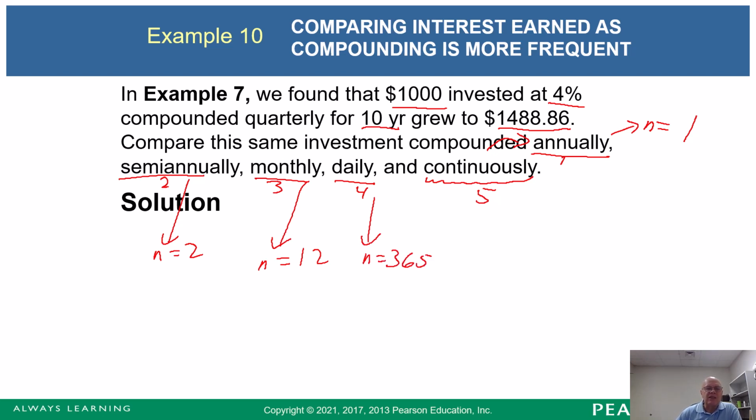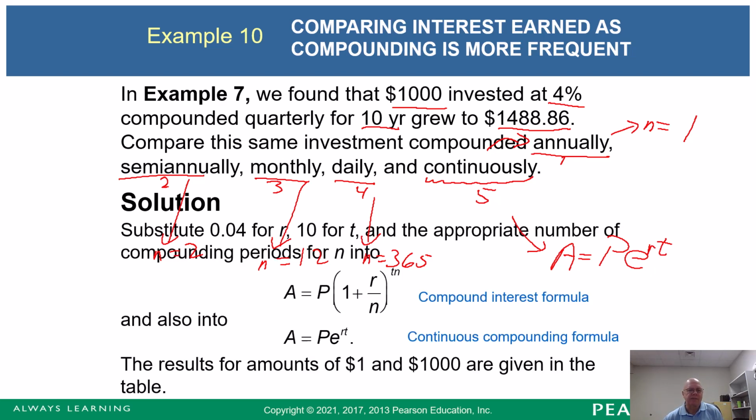Or for you obsessive people, 365.25. Continuously, we use the new formula, which is only good for continuous compounding. But use this one instead, using the 10 years and all the rest.